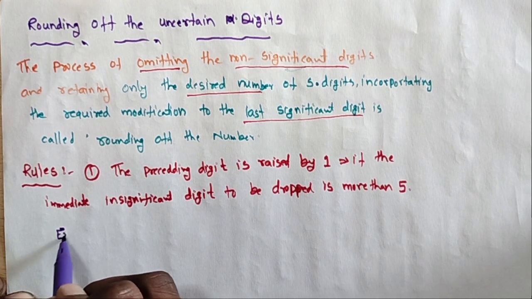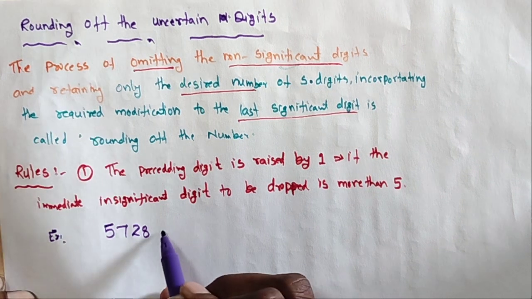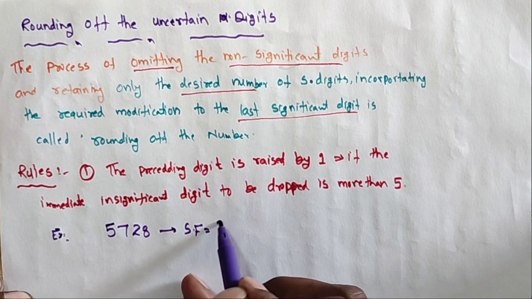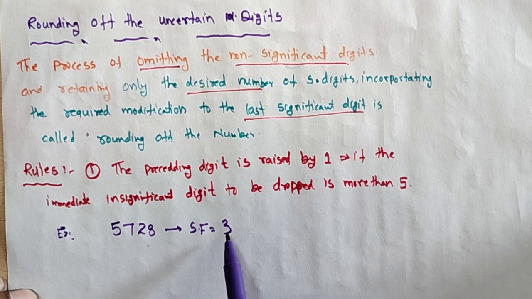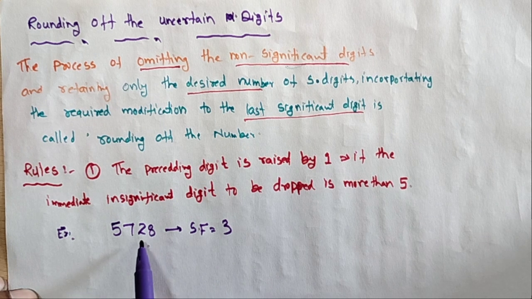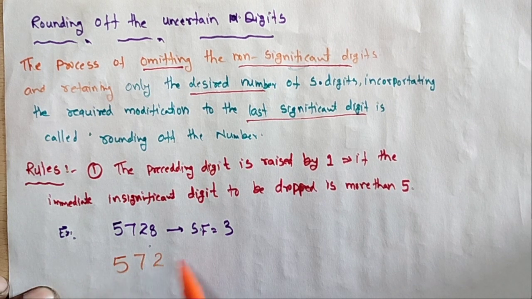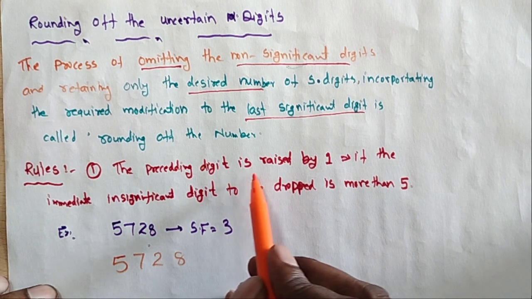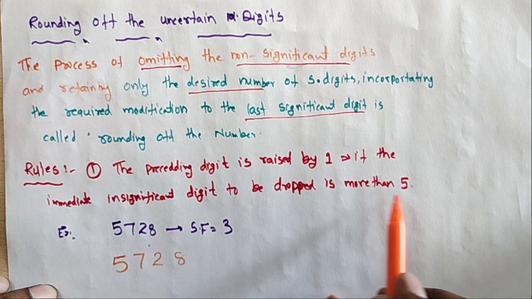I'll give one example, which is very easy to understand. For example, 5728: I want a significant figure of 3. Actually 5728 has 4 significant figures, but I want only 3. So how to round this number? In 5728, the preceding digit is raised by 1 if the immediate insignificant digit to be dropped is more than 5.